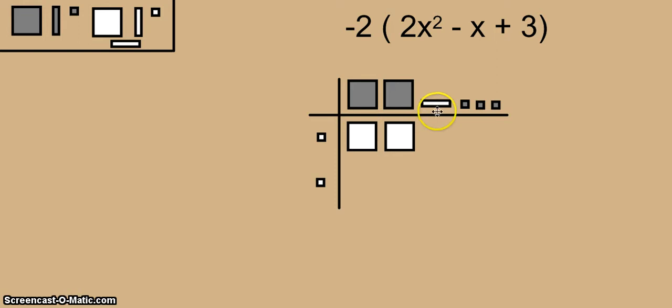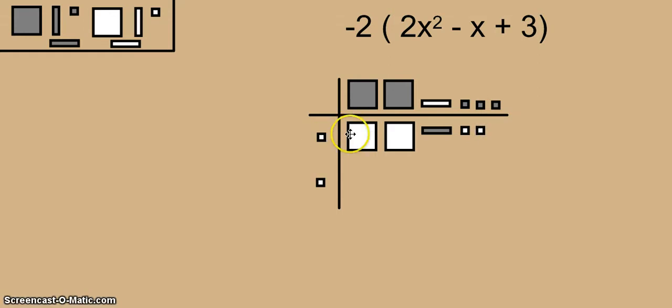Negative 1 times negative x gives you positive x, and negative 1 times positive 1 gives you negative 1. Negative 1 times positive 1 gives you negative 1 again.